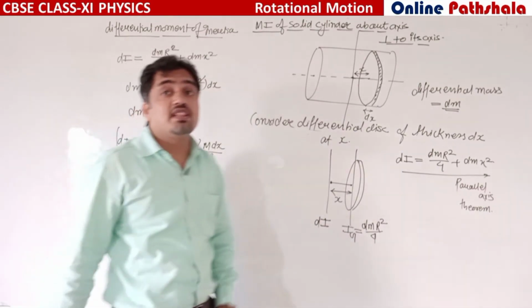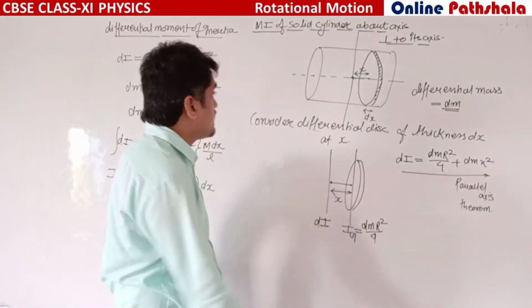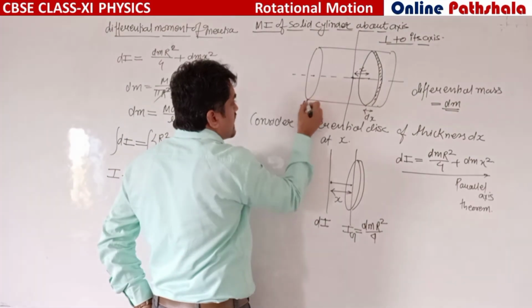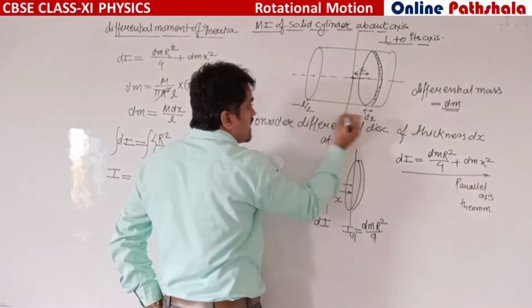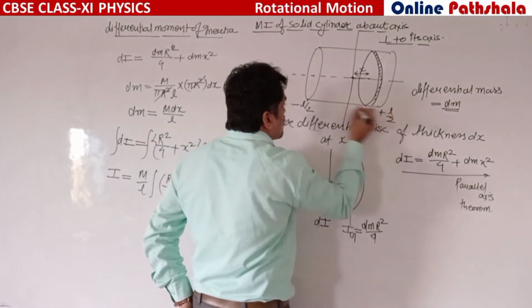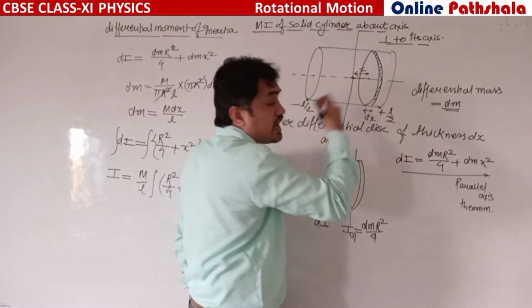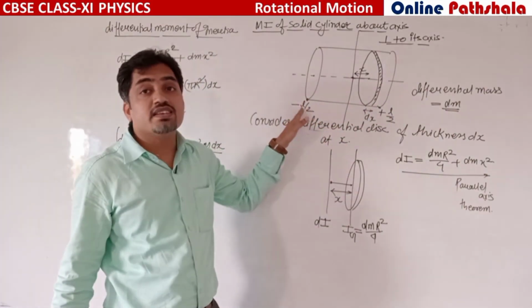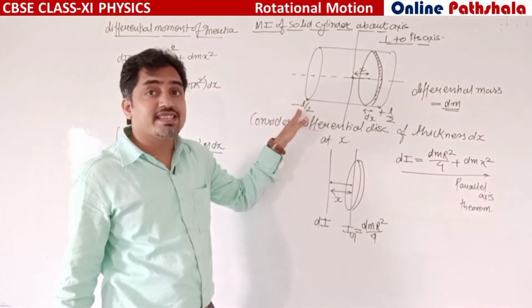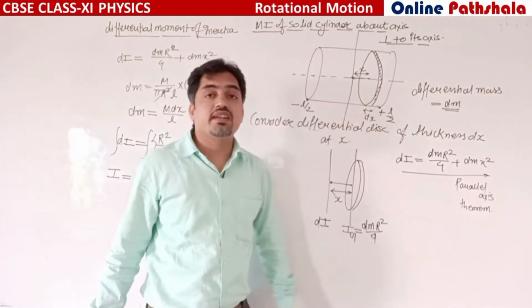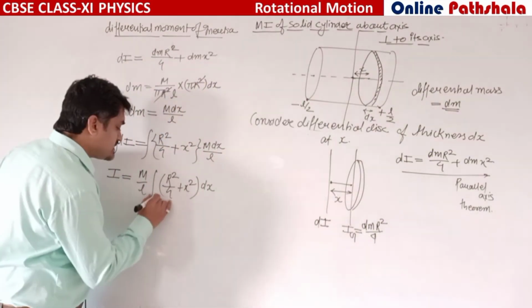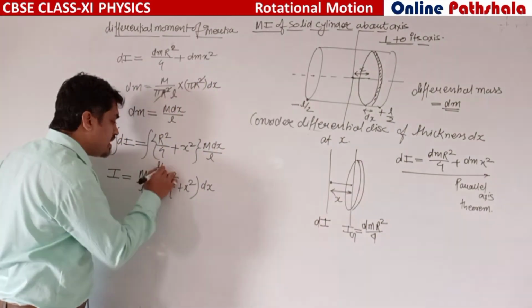What should be the limit of integration? We have to move this differential disk from minus L by 2 to plus L by 2, from one end to the other end, with respect to the center of mass.